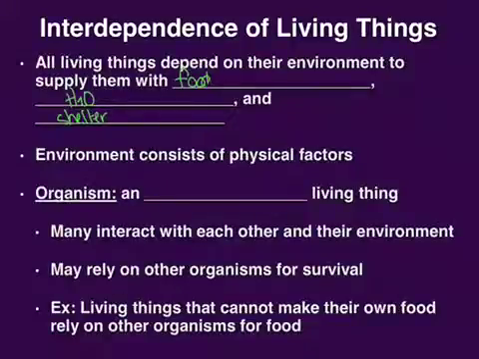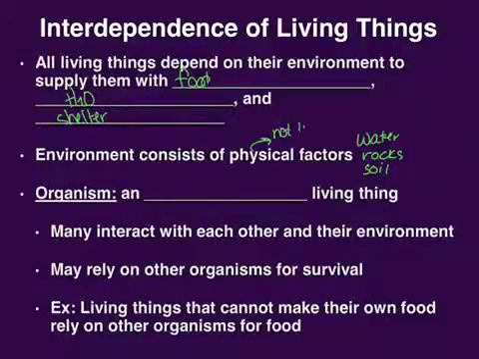The environment consists of physical features or factors like water, rocks, soil, pretty much anything that is not living. An organism is an individual living thing. You yourself are considered an organism because it's just you.